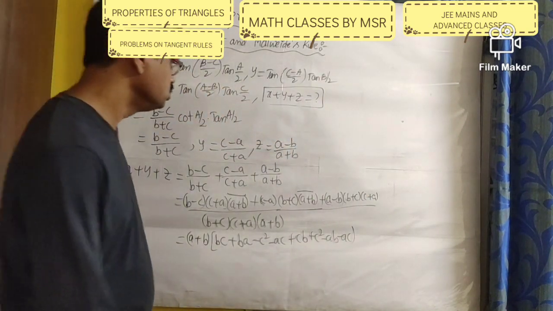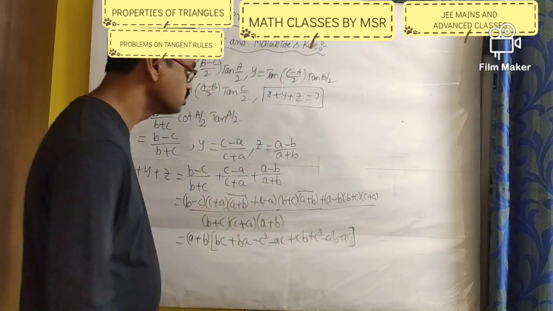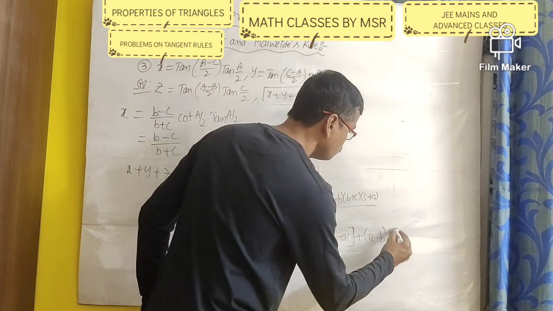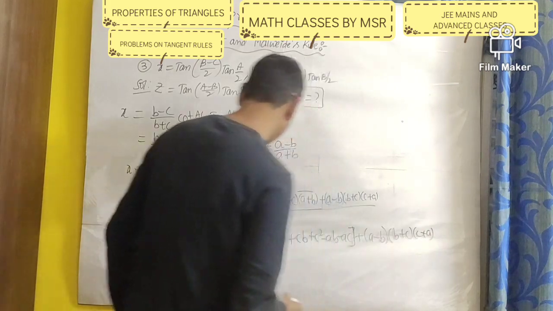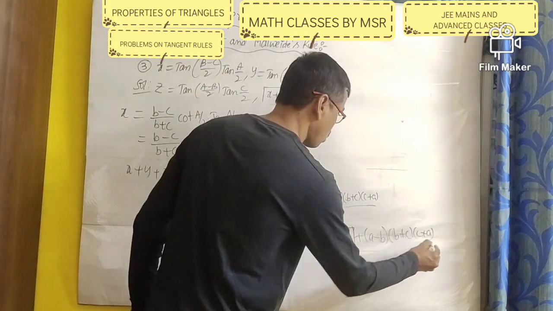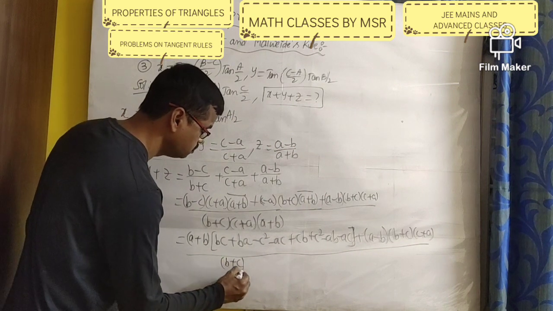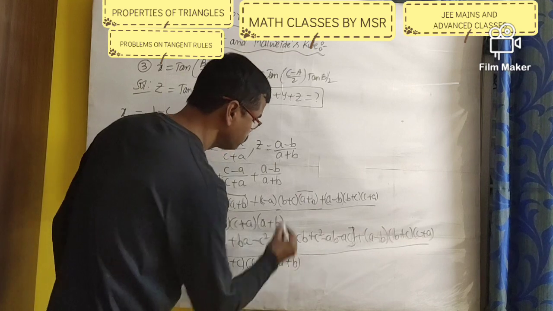So this is the simplification of the first two terms. The last term as it is I will write: (a minus b) times (b plus c) into (c plus a), whole by (b plus c) into (c plus a) into (a plus b).